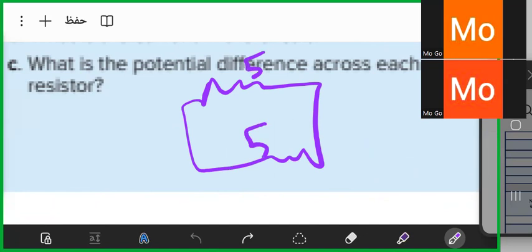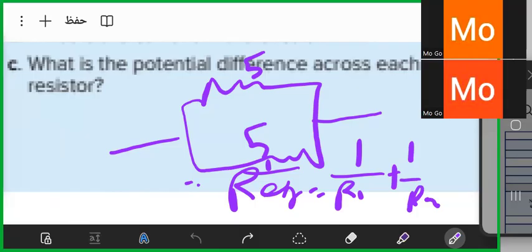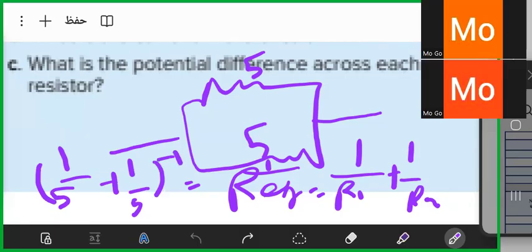The other one is 5. So the amount here, 1 over R equivalent equals 1 over R1 plus 1 over R2. It will be 1 over 5 plus 1 over 5, to the power -1. It will be 2 over 5.